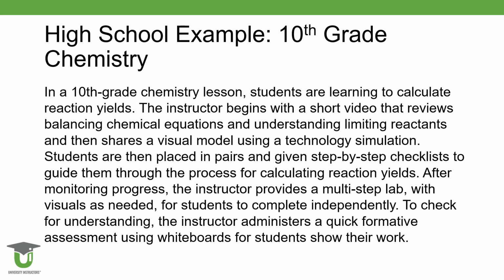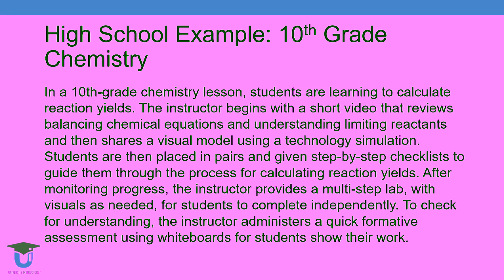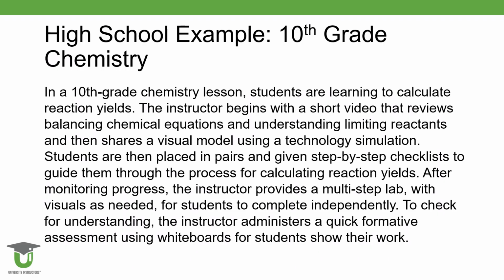Students are then placed in pairs and given step-by-step checklists to guide them through the process for calculating reaction yields. After monitoring progress, the instructor provides a multi-step lab with visuals as needed for students to complete independently. To check for understanding, the instructor administers a quick formative assessment using whiteboards for students to show their work.